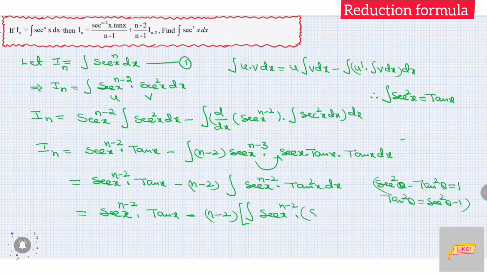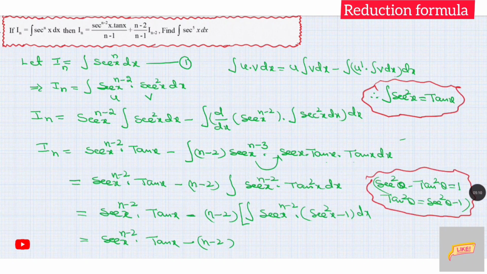Here secant square x minus 1 dx. Next, I_n is equal to secant x power n minus 2 into tan x minus n minus 2 into integration secant x power n minus 2 into secant square x, okay, we get secant x power n, minus integration secant x power n minus 2 dx.